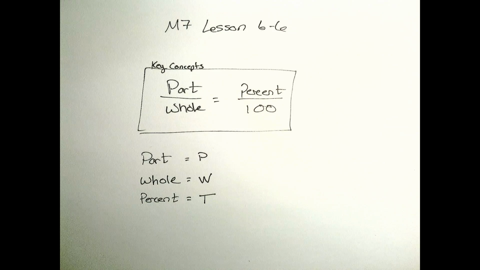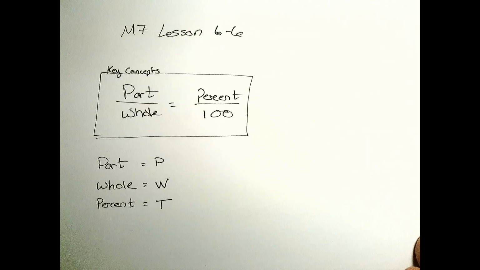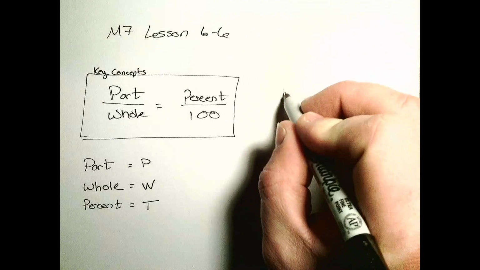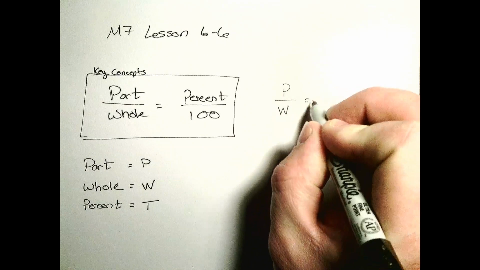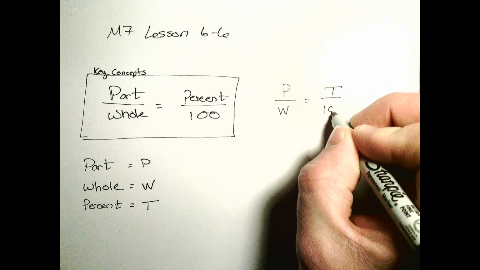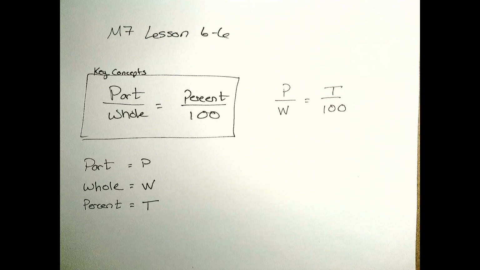And here we go. We're actually going to use our proportion to find our equations. Okay? So here's what we're going to do. We're going to rewrite our proportion so that it's P over W equals T over 100. What did I just do?